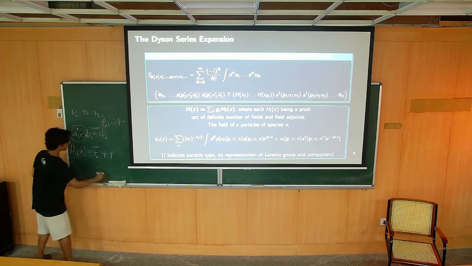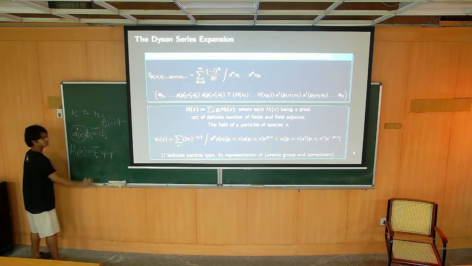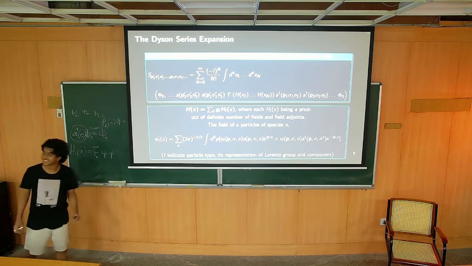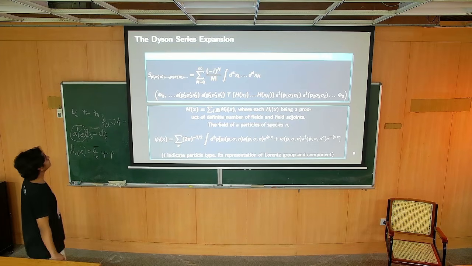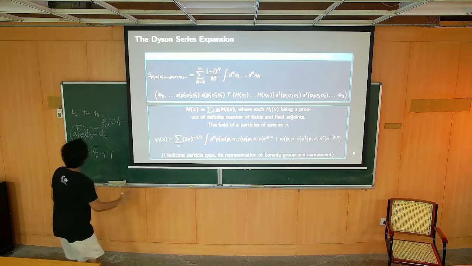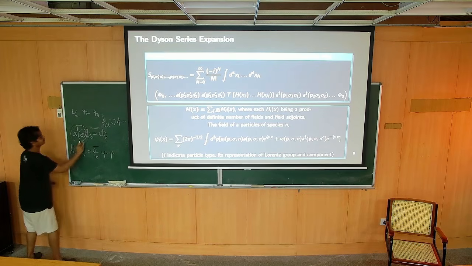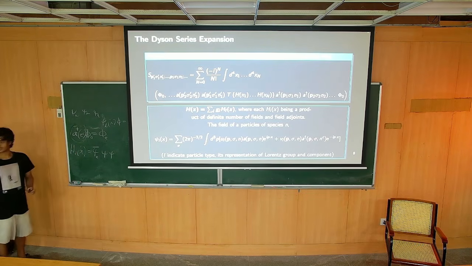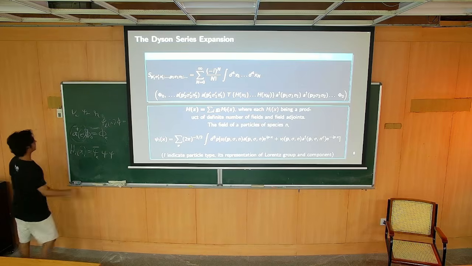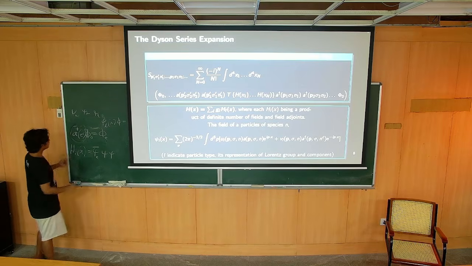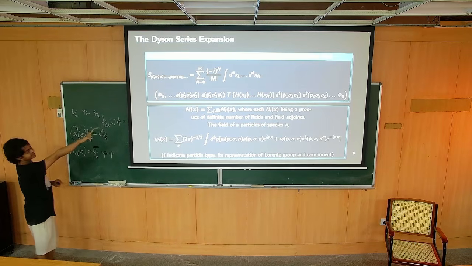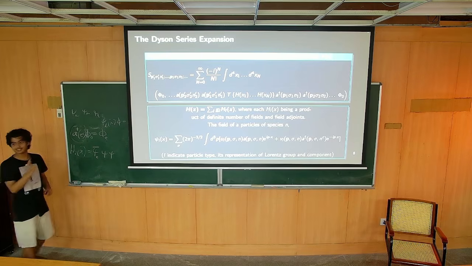So we will have an interaction Hamiltonian of some kind like this. This is the creation operator. I don't have space on the board. Now the A without the dagger is the opposite of it. It's a destruction operator, an annihilation operator.